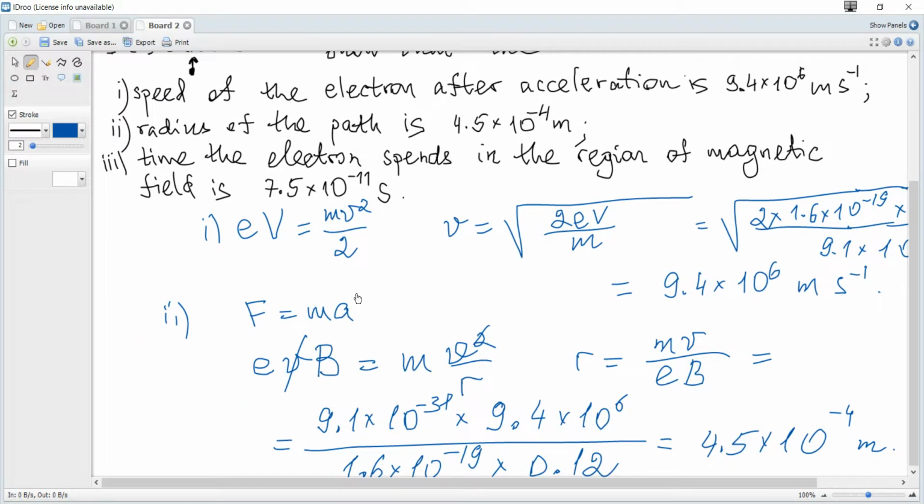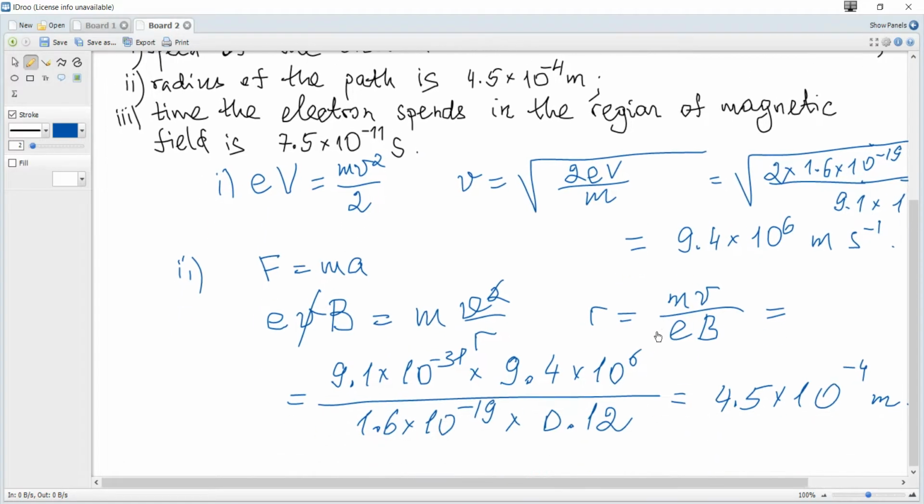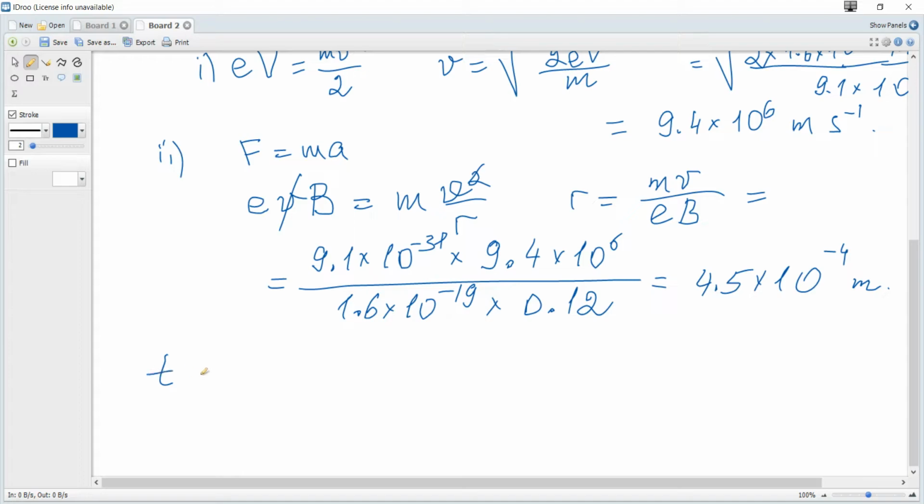And the next question: the time the electron spent in the region of the magnetic field. Time is distance over speed.